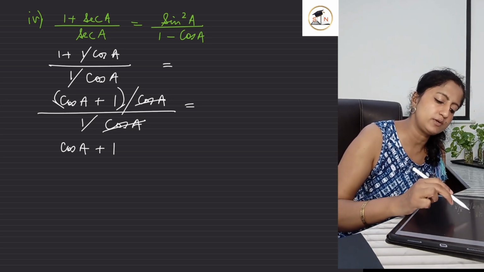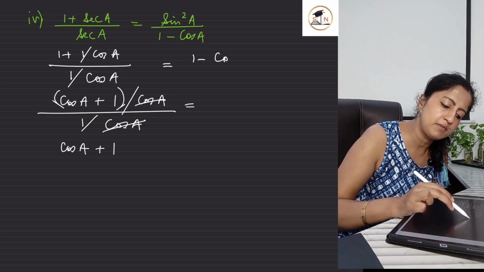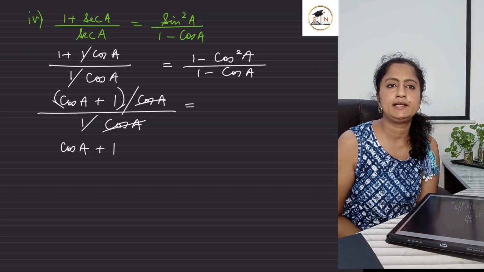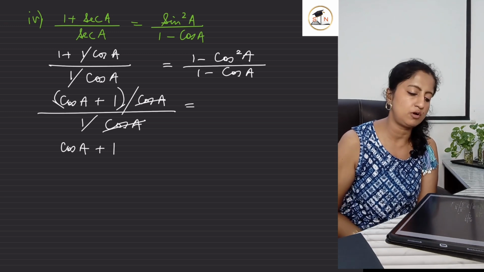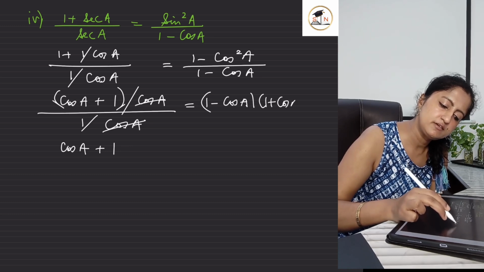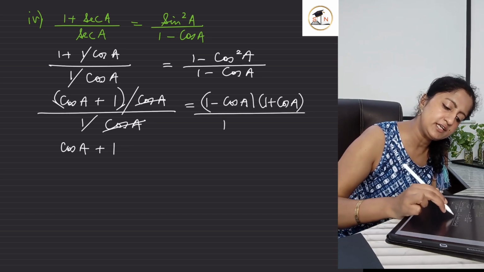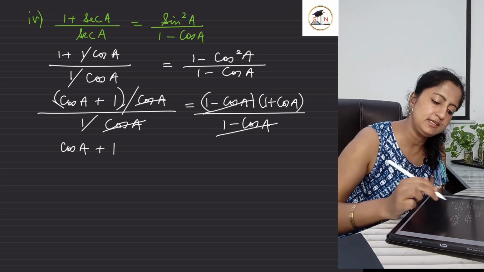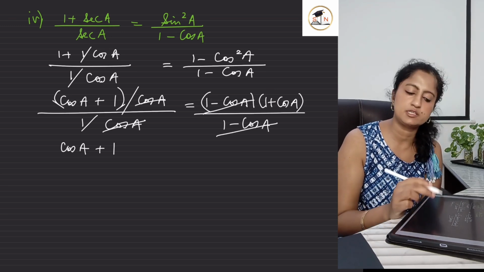Okay. Now what is sine square A? I can write it as 1 minus cos square A. Denominator is 1 minus cos A. Again applying the identity of A square minus B square on top, it gives me 1 minus cos A into 1 plus cos A, divided by 1 minus cos A. And I can see 1 minus cos A, 1 minus cos A got cancelled.